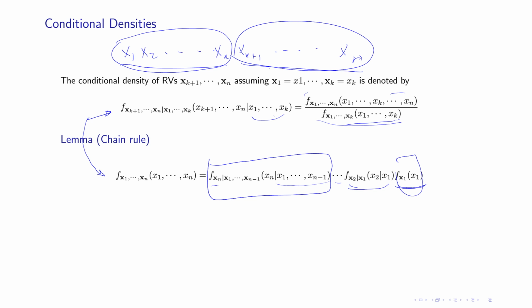This is the first time, this is the second time, and so on. So recursively, you will get more and more of the distribution. This is the distribution of the first one. The product of these two is f of x1 and x2, and once you add more, you get the distribution of the next one as well, and so on.